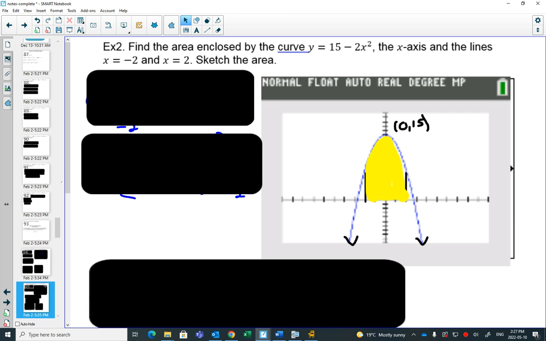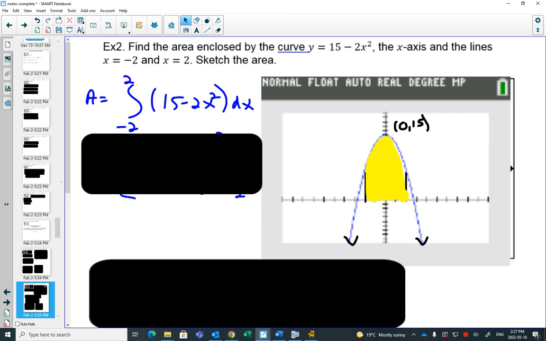And so setting that up as a definite integral, you write your integral sign going from negative 2 to 2. And this one we would have no formula that we could solve it any other way.